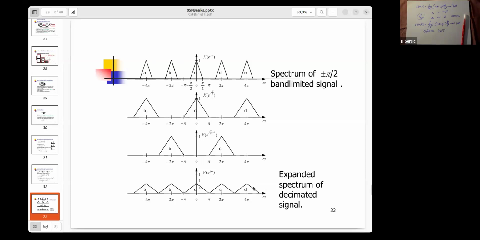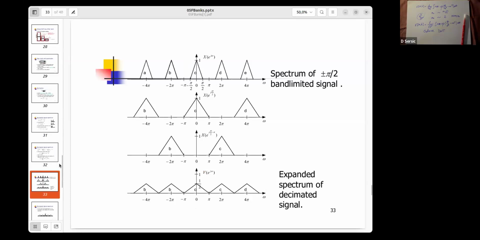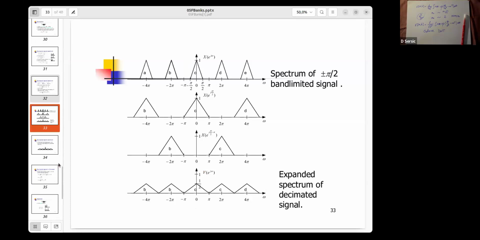And now you have to add the two components together and multiply by 1/2. This is actually what happens to our decimated signal. So notice that this was the original one, and this is the spectrum of V. A lot of mess happened by throwing away every second sample.